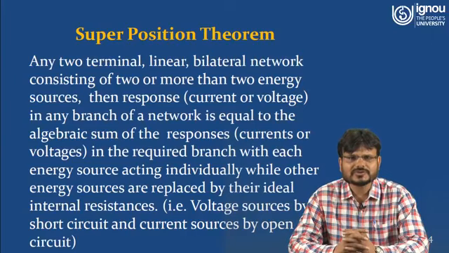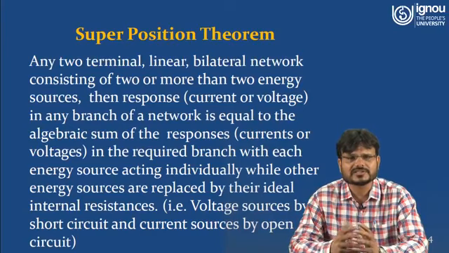The superposition theorem states that in any two-terminal linear bilateral network consisting of two or more energy sources, which may be voltage sources or current sources, the response in terms of current or voltage in any branch of the network is equal to the algebraic sum of the responses in the required branch, with each energy source acting individually while the other energy sources are replaced by their internal resistance.